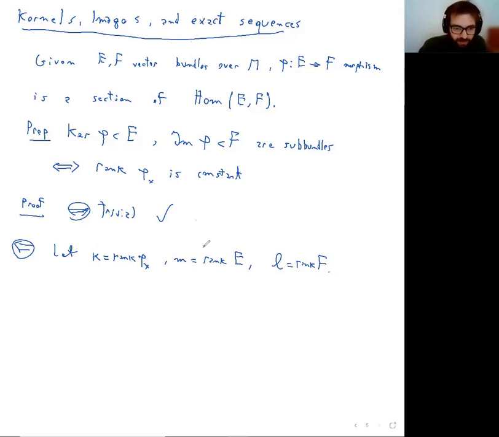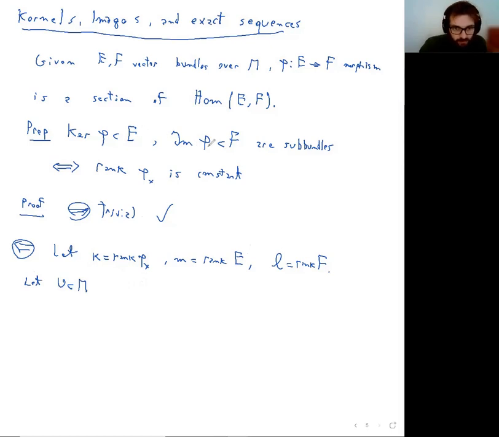Sometimes you might be tempted to call this not the rank but the dimension of E. Careful: when we talk about the rank of a vector bundle, we mean the dimension of the fiber, but when we talk about the dimension of a vector bundle, we remember that this object is a manifold, so it's the dimension as a manifold. That's why we use a different name.